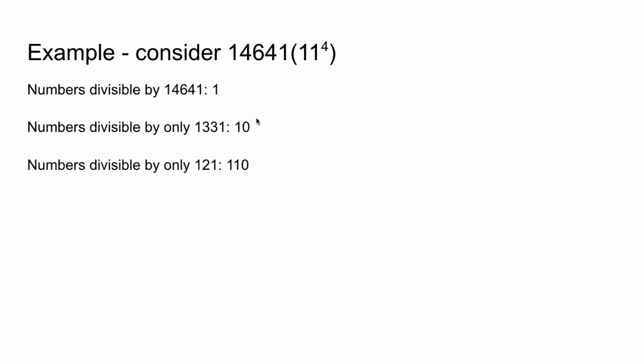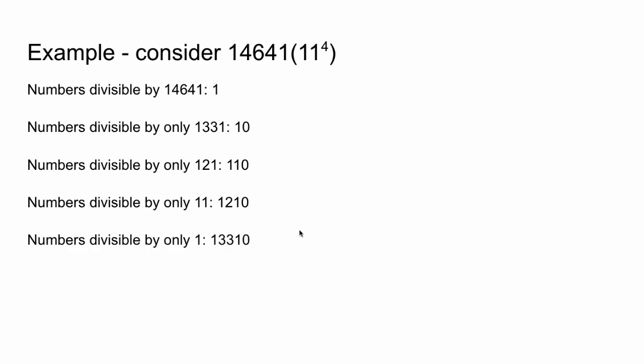Next, there's going to be 110 multiples of only 121, 1,210 multiples of only 11, and then 13,310 numbers that aren't divisible by 11 at all.